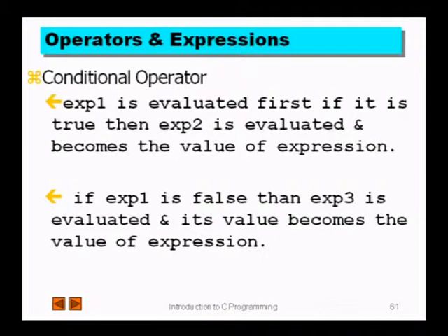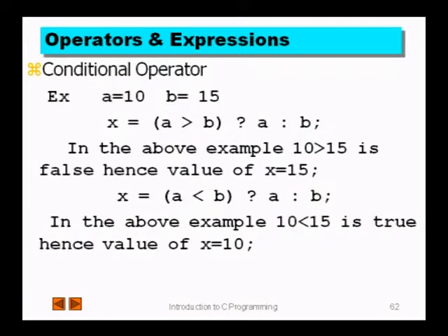Suppose expression 1 is false, then expression 3 is evaluated and its value becomes the value of the expression. We will see one example for that.